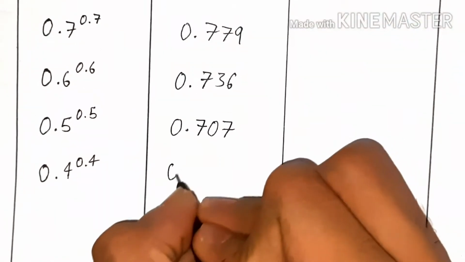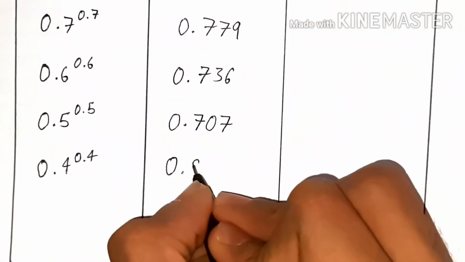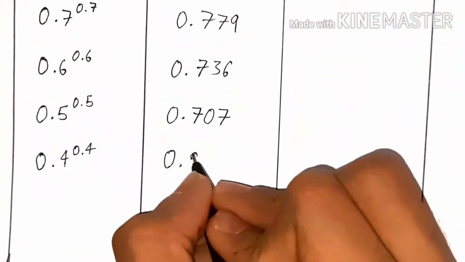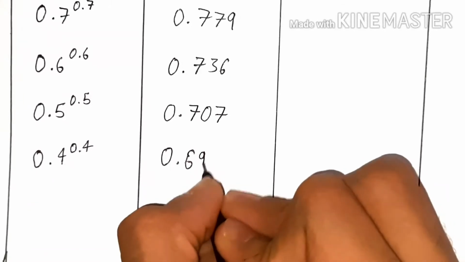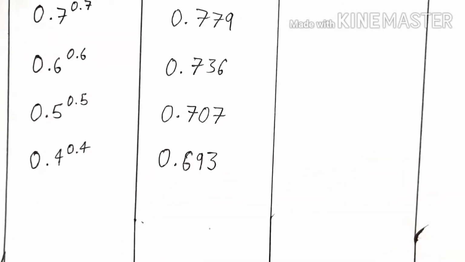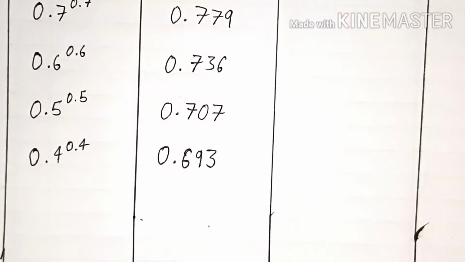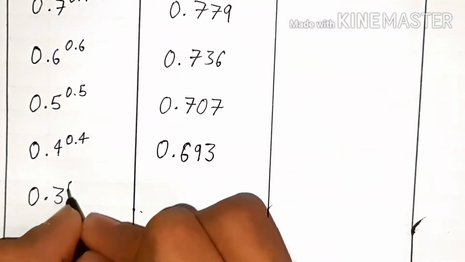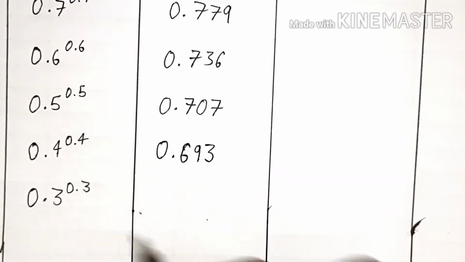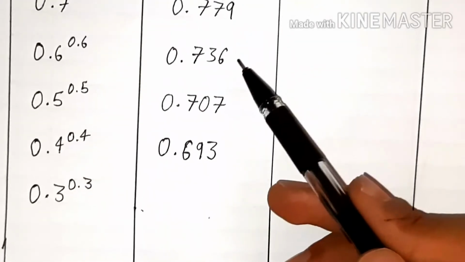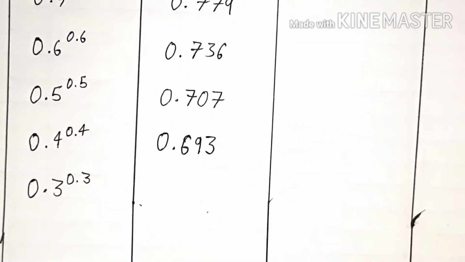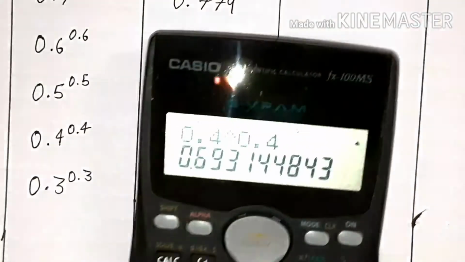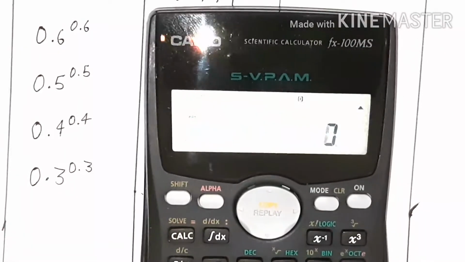We'll write it down. Now for 0.3 we'll do the same. We have 0.3 raised to 0.3. The difference is decreasing, but the difference between two digits is very less.